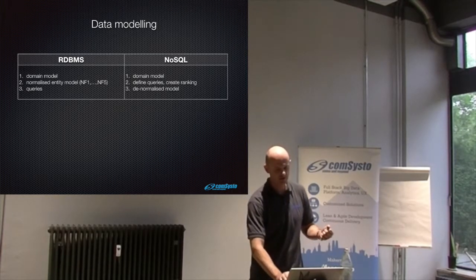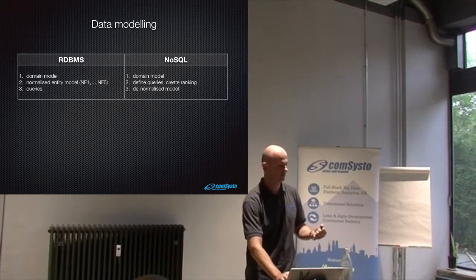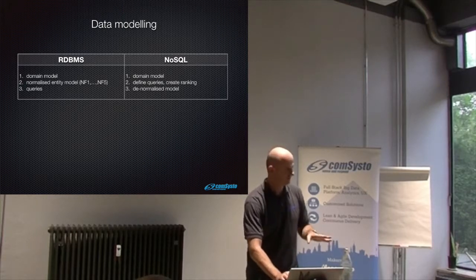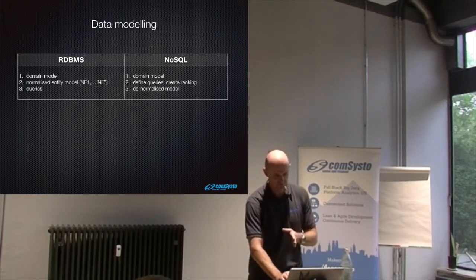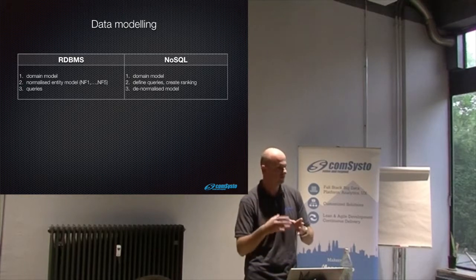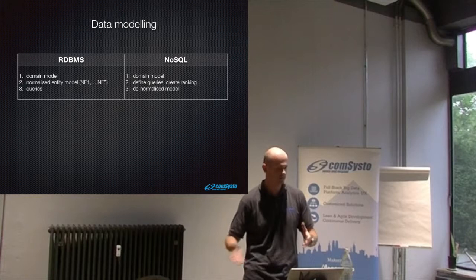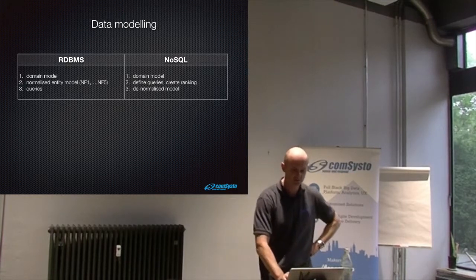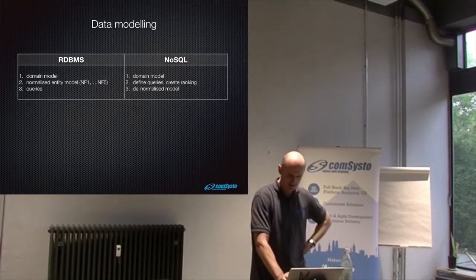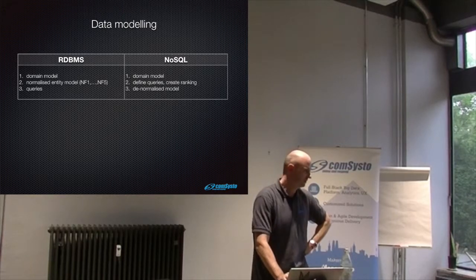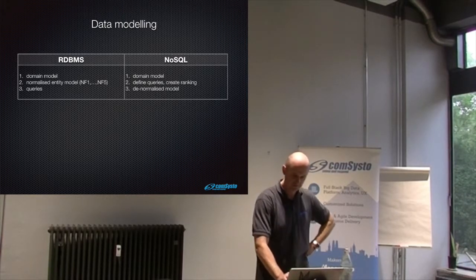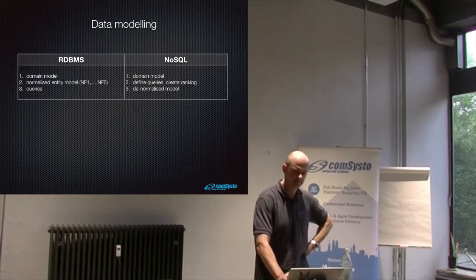And this is the part when it gets really different in Cassandra. And I'm definitely sure that some of you will have problems with that, but you have to live with it. Because remember, you are winning horizontal scalability, partition tolerance, availability, but then you have to live with other modeling techniques. We are starting with the domain model, okay, this is obvious. But then the second point is already different.